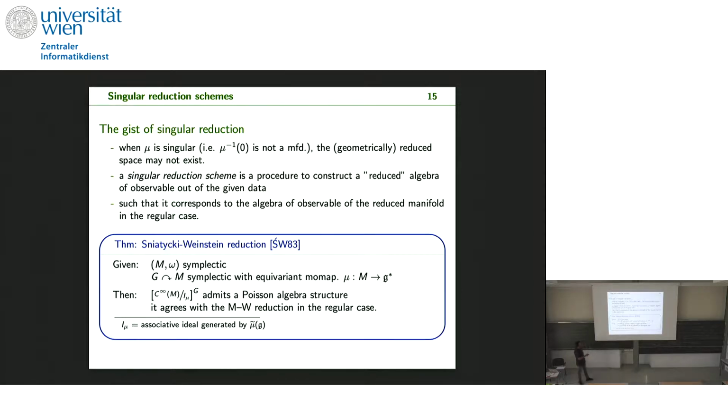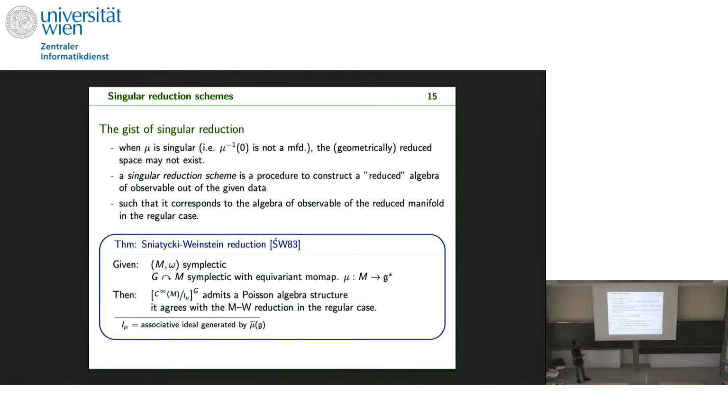Out of this data, you can construct another algebra that admits a Poisson algebra structure, such that it agrees with the Poisson algebra corresponding to the Marsden-Weinstein reduction when this kind of reduction exists.